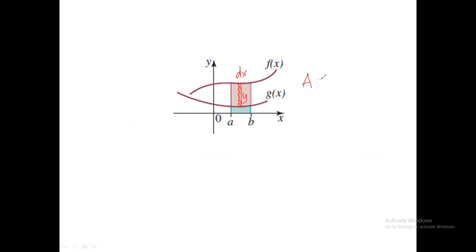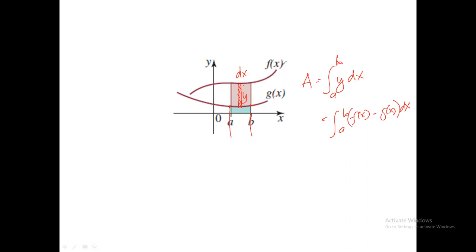So the area will be y dx. And since it's x, having x bounded by x equal to a and x equal to b. What is the y? That would be f of x minus g of x dx.